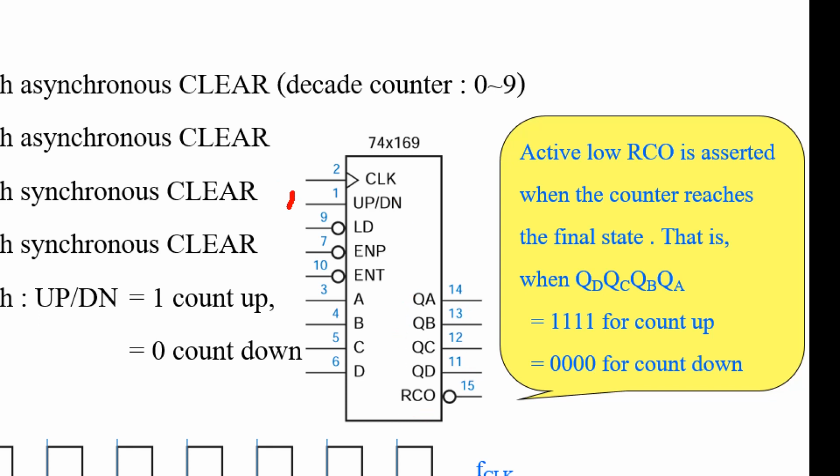That means if you count up, RCO will be 0 when QD, QC, QB, QA is 1111. But for count down, when you apply 0 here, RCO will be active or become 0 when QD, QC, QB, QA is 0000, the last state of count down mode.